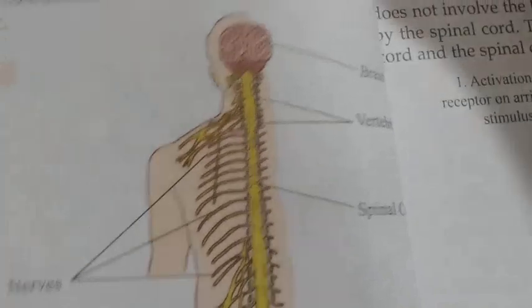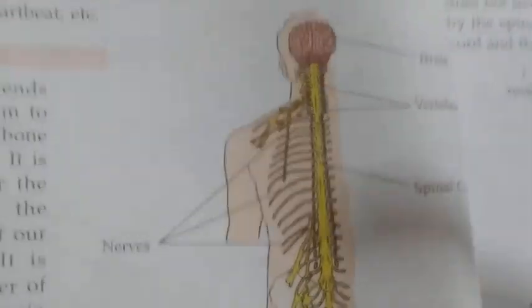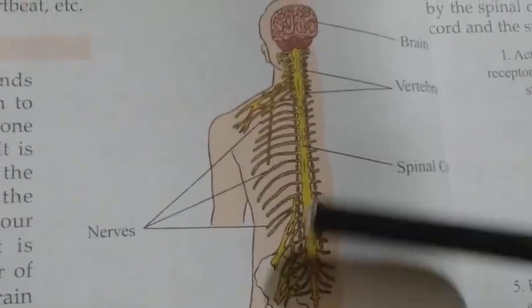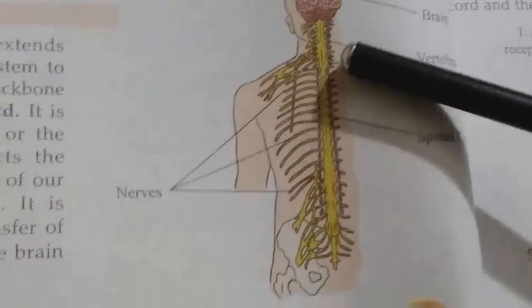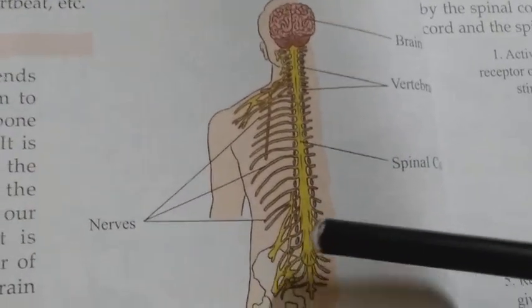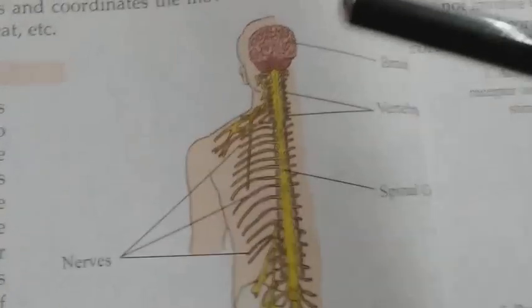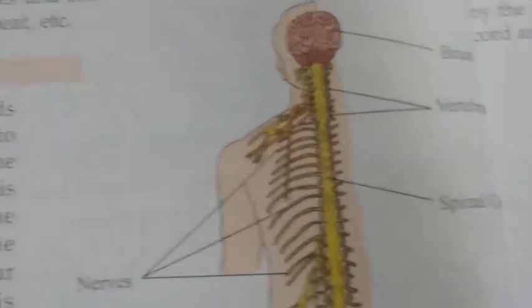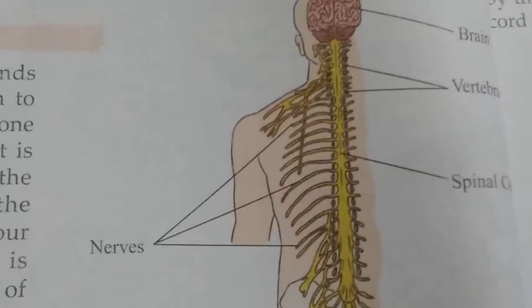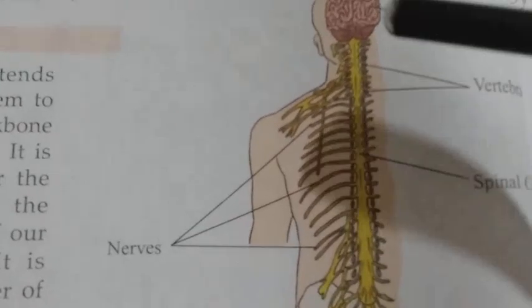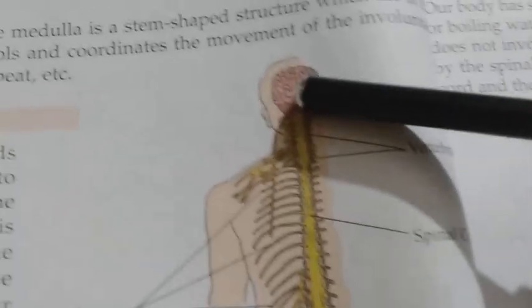It is enclosed in the spine and connects the brain to different parts of our body through nerves. It is responsible for the transfer of information between the brain and the rest of the body. The brain controls our body through this spinal cord and we can react in this way.